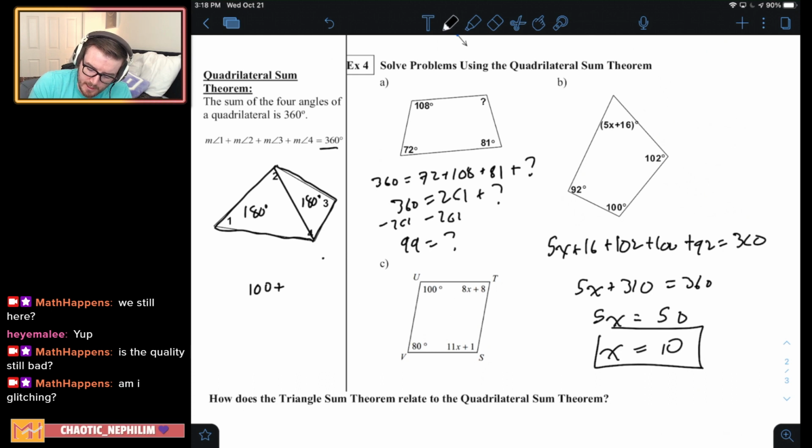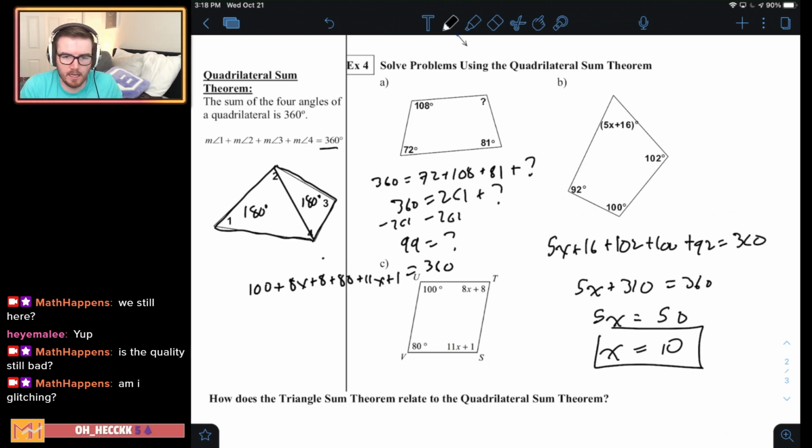100 plus 8x plus 8 plus 80 plus 11x plus 1 equals 360, right? Just add up your angles together, set it equal to 360 for a quadrilateral. Add up your angles together, set it equal to 180 for a triangle. But we're doing quadrilateral, so it's 360.